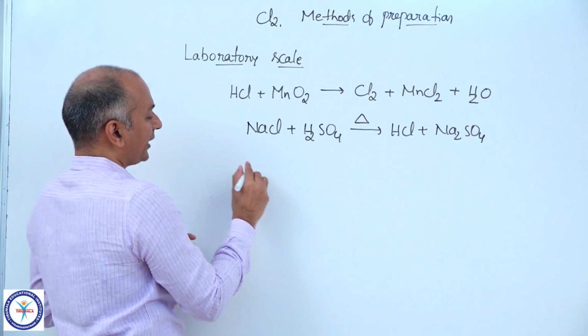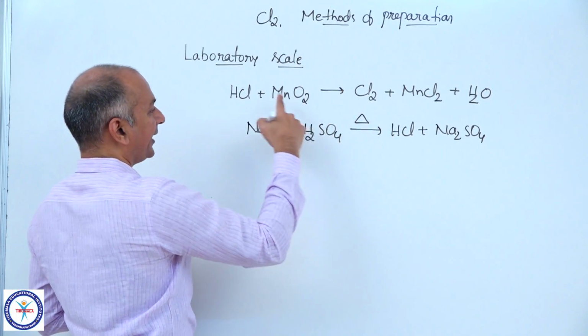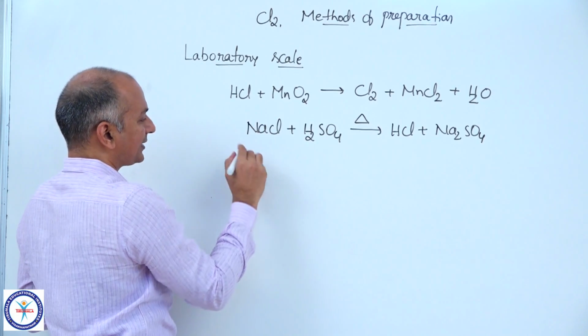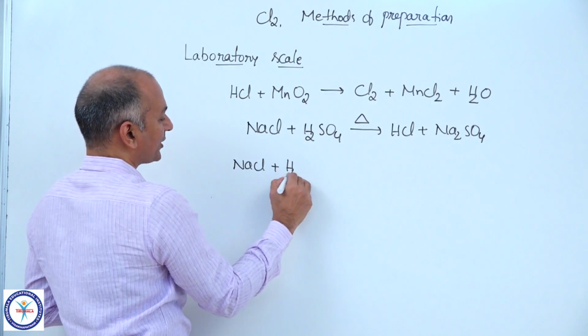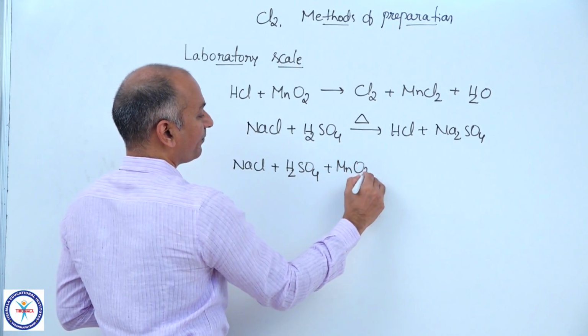Or you can do one thing. Without preparing HCl directly, you can add MnO2 in this mixture, and then also you will get Cl2. You take NaCl, you take H2SO4, and directly in that mixture you add MnO2.